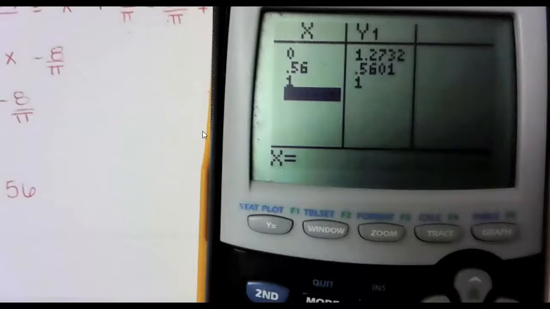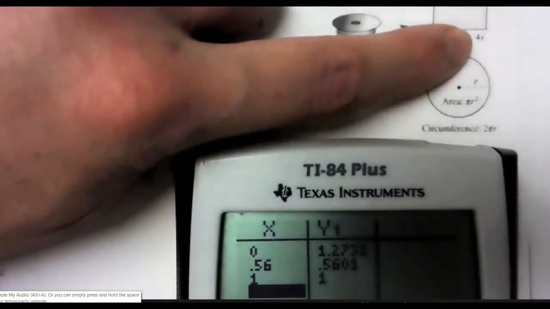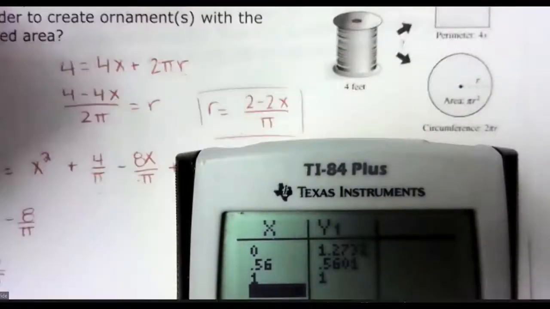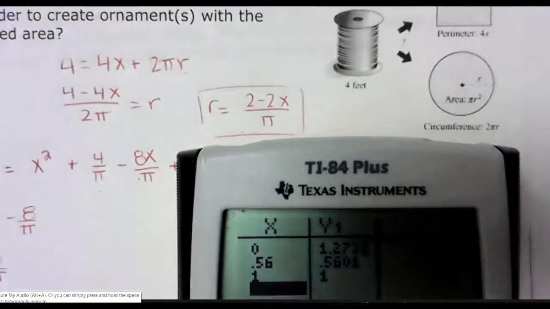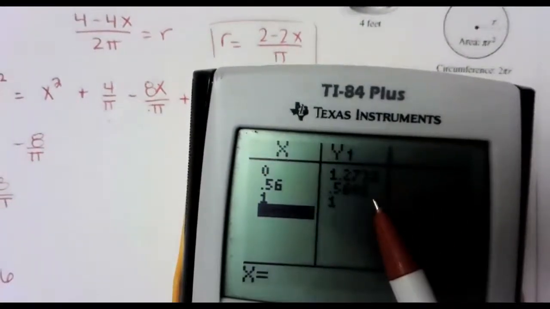And the 1 came from the idea that if the perimeter of this circle was x equals 1, then he was using all of that wire. So we get 0.127, 0.56, and 1.